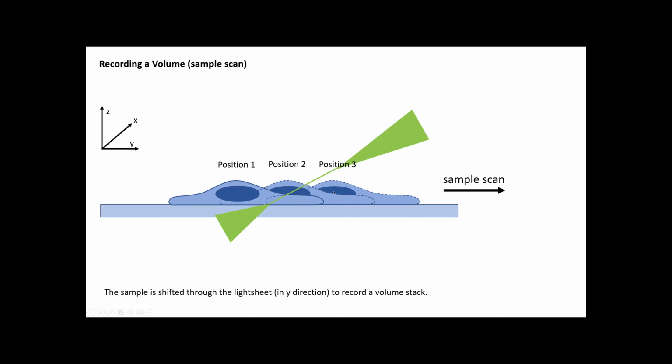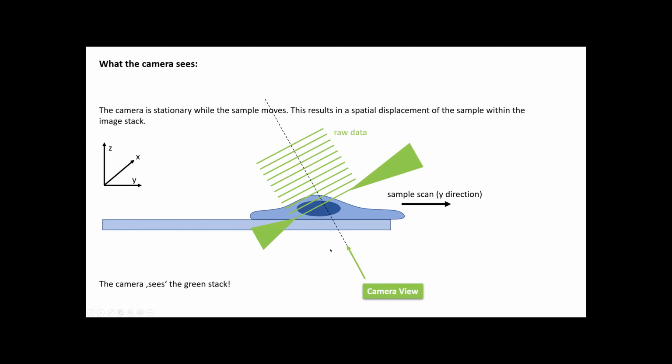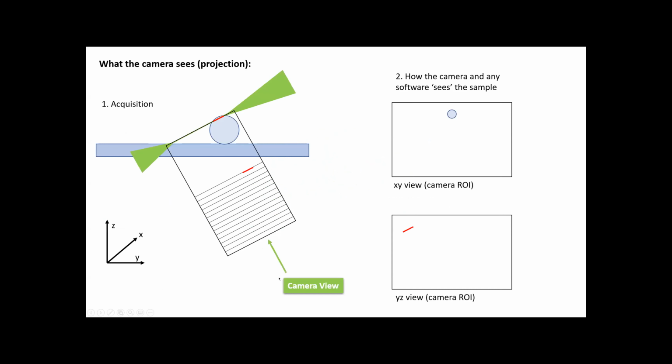So the Z direction is built into the sampling volume, and the sample moves through Y. That means the raw data that we're going to get is a continuous section through different parts of the cells moving in Y. And this is basically what the camera sees on the right-hand side while your sample moves through Y. This is the XY camera view and XZ camera view.